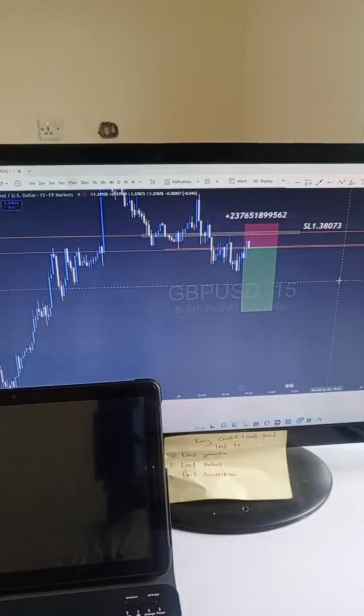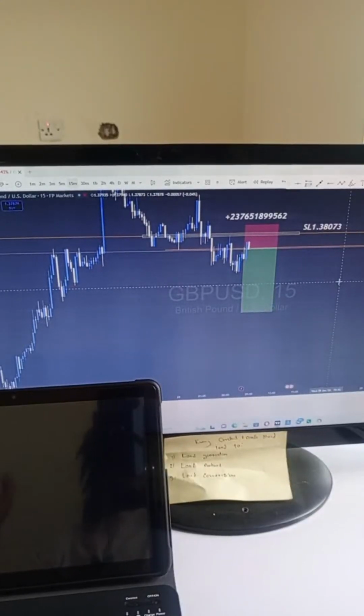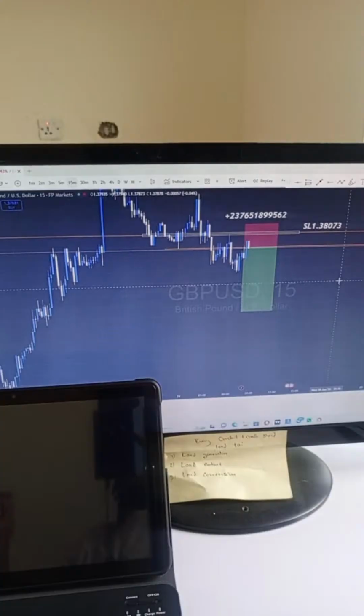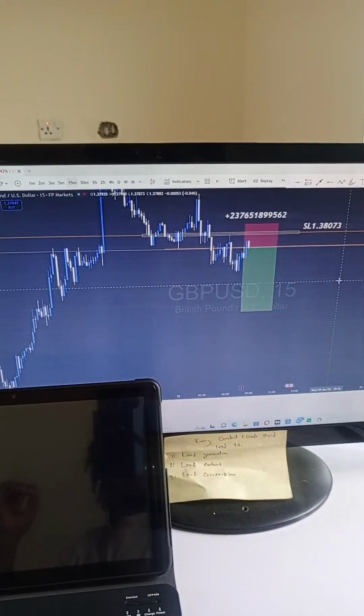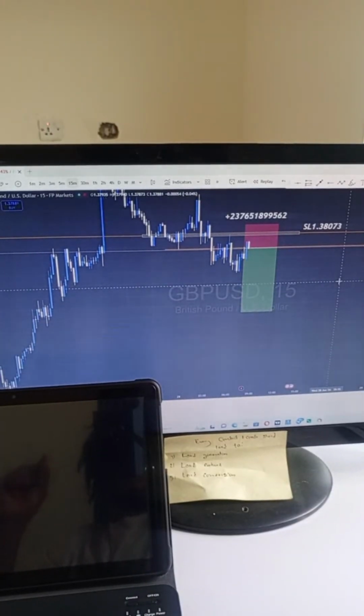We cannot control it. All we have to do is set and forget and hope it hits our TP. For those who are just joining us now, we are at our entry, so you can still enter now. This is GBPUSD. We are selling GBPUSD, hoping to make a 1:3.